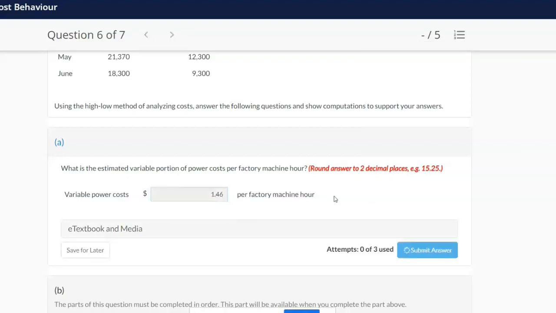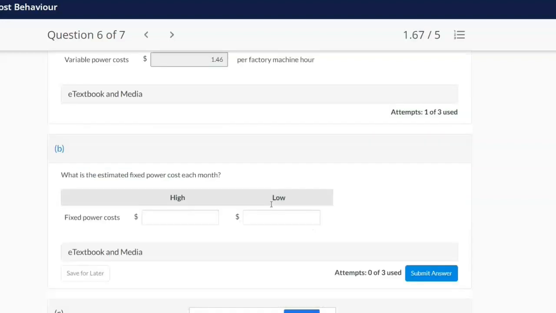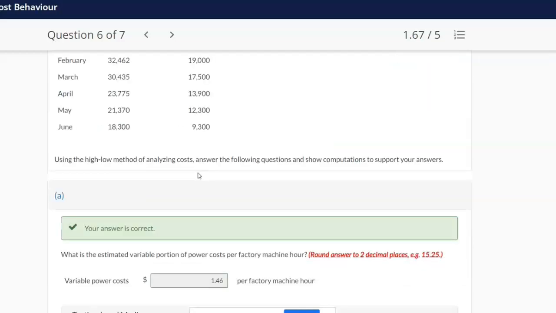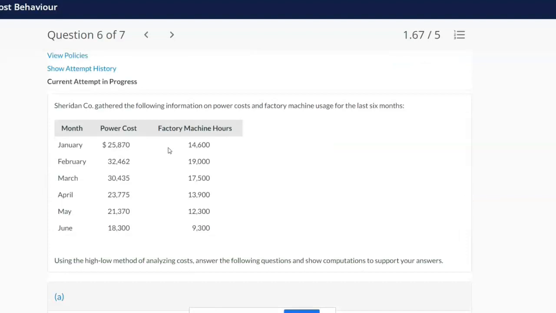Check and see if Mr. Wiley agrees. Yes, he does. Good. Now, what is the estimated fixed power cost each month? Let's go to the high.